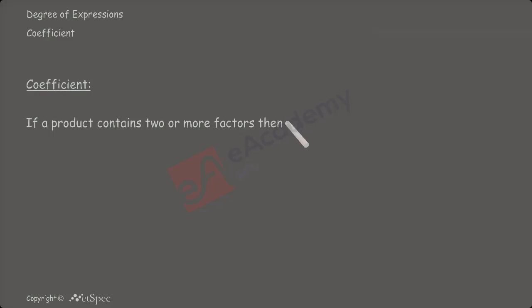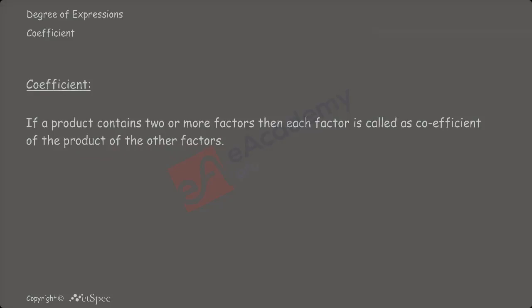Now, let us move on with the next concept, coefficient. What is meant by coefficient? In general, if a product has two or more factors, then each factor is called the coefficient of the product of the other factors.